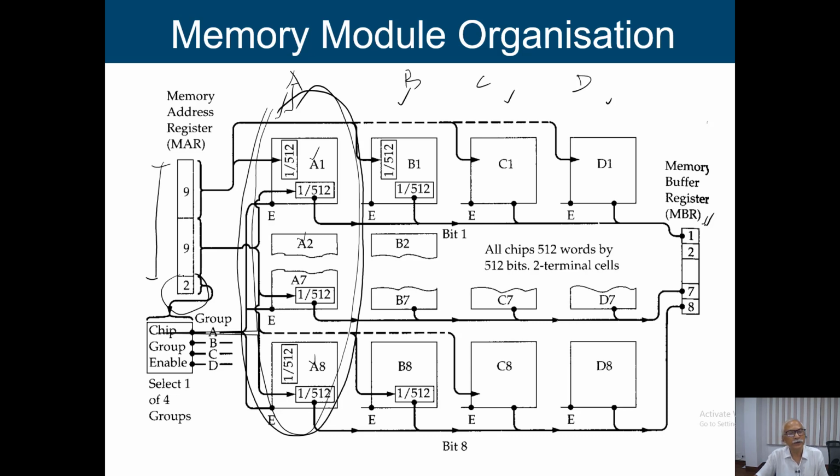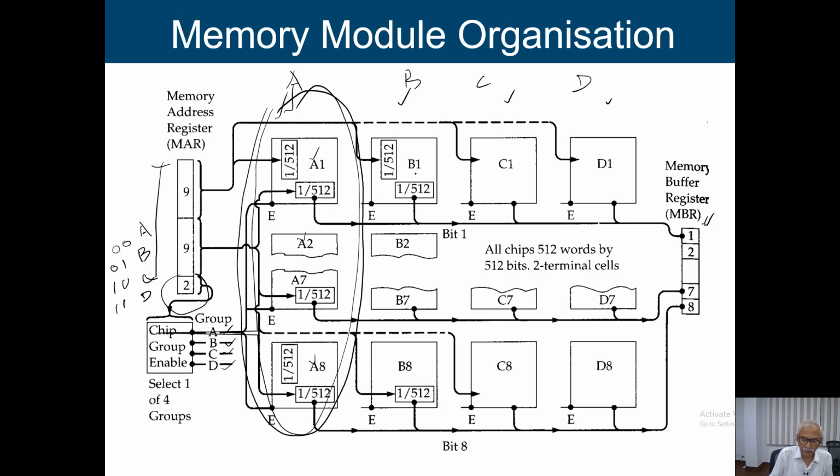Depending on the values of these 2 bits, either 0 0, 0 1, 1 0 or 1 1: if both are 0, it selects bank A, 0 1 selects B, 1 0 selects C, and 1 1 selects D. So the decoder generates 4 signals, each selecting one of the groups.